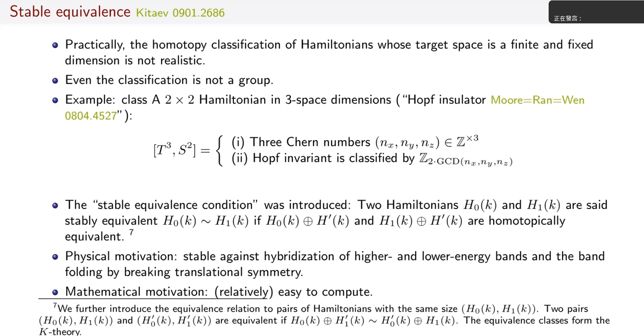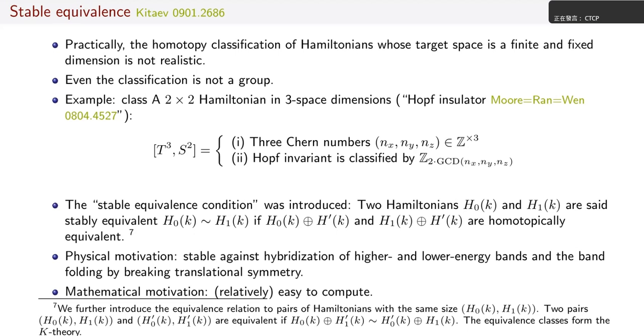So we want to find a good weaker equivalence relation so that the mathematical problem can be solved. This is called stable equivalence relation, introduced by Kitaev in this paper.